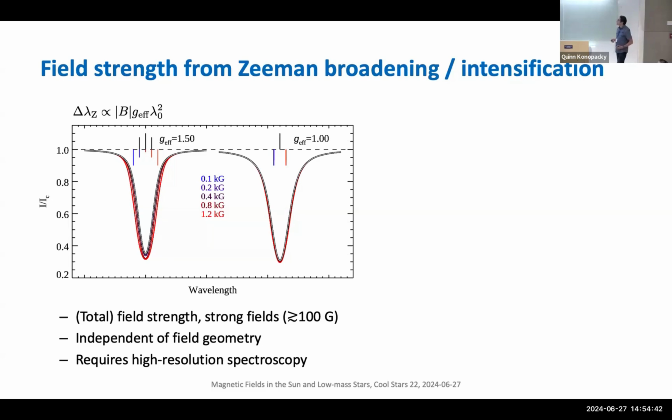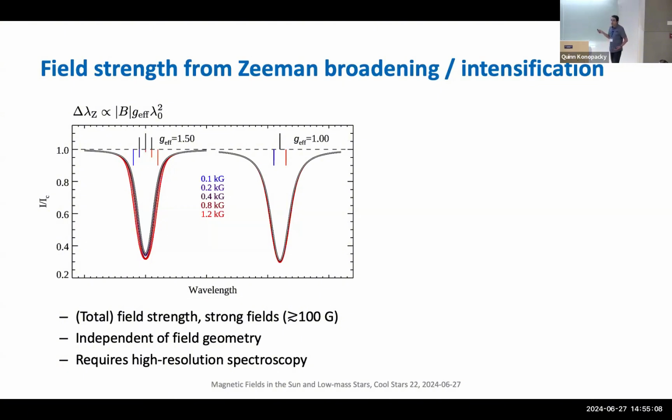Well, it has been suggested a long time ago by Bieber also, but large-scale application of this method is relatively new. So with this method, we are sensitive to total magnetic field strength. It has been called different words, total magnetic flux, small-scale field, but let's say total field. It requires strong fields to be visible.